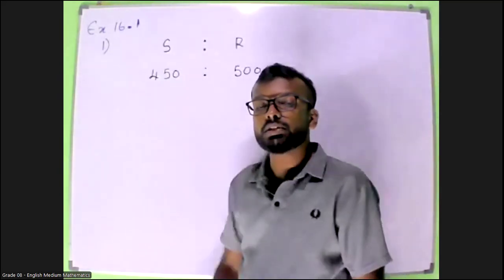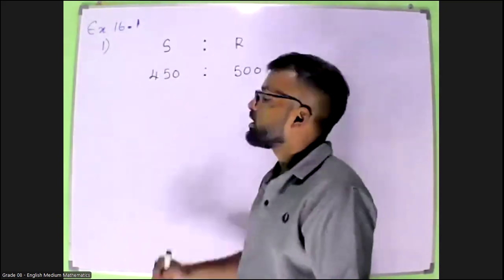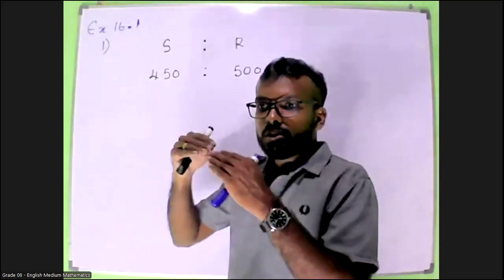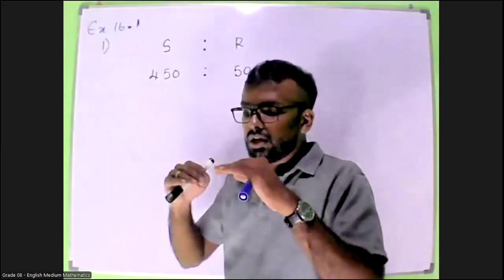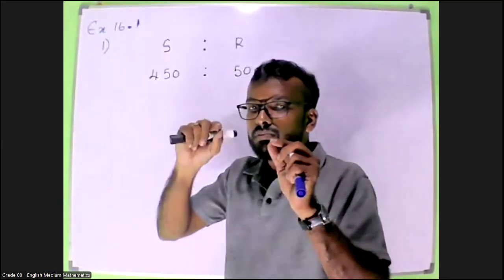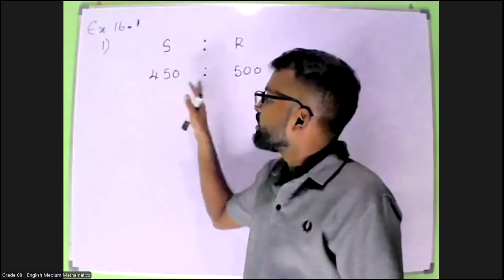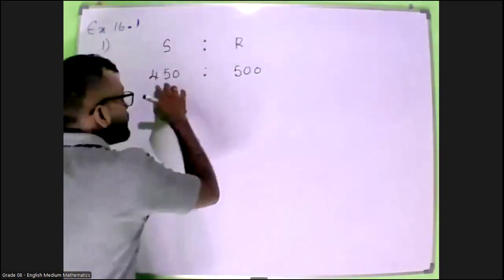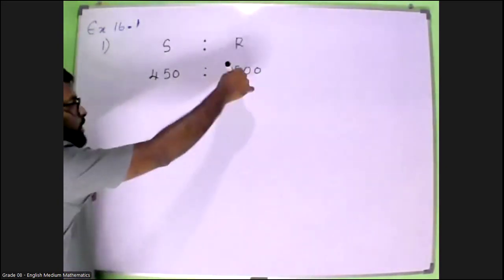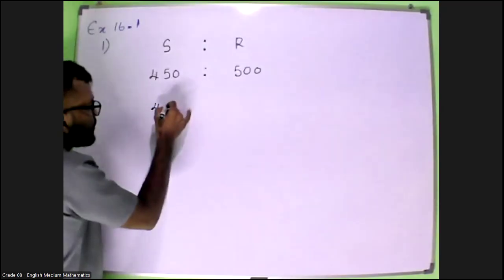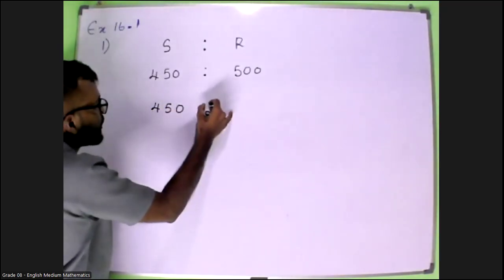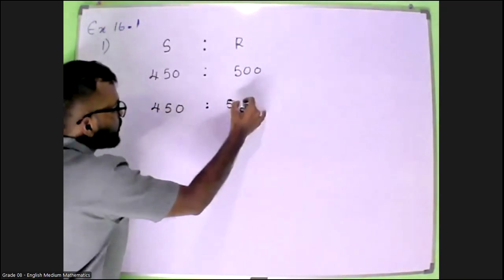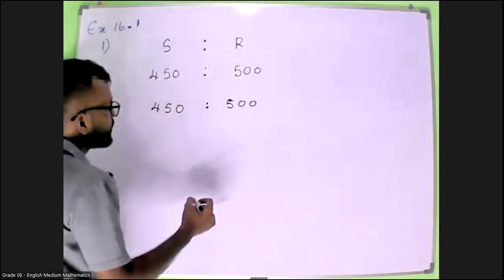How do you obtain the simplest form of this? You have to simplify it to some level. So let's do that. 450 to 500, right? How do we simplify this? Here I am going to write it down again: 450, 500.